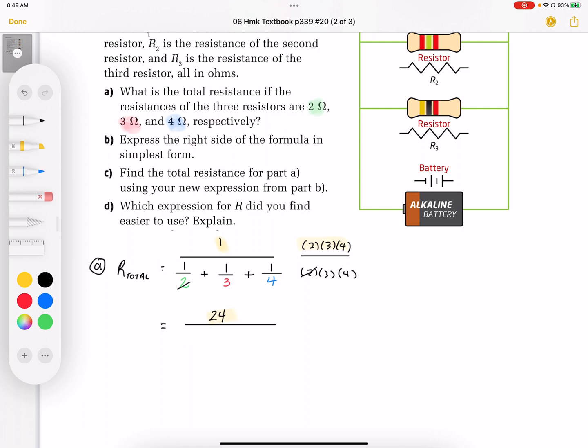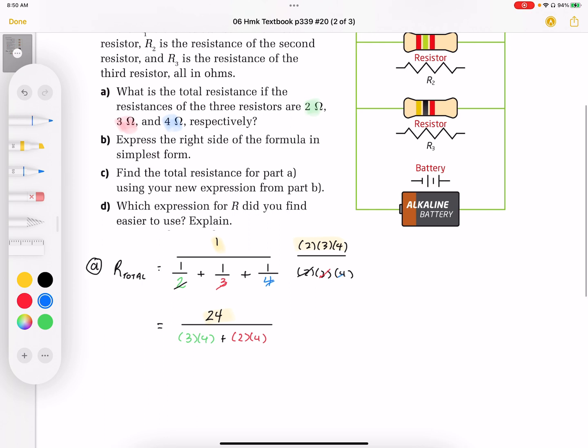So when the 2's cancel, I'm left with 3 times 4 plus, when the 3's cancel, I'm left with 2 times 4. And when the 4's cancel, okay, so that was what's canceled here. And when the 4's cancel, I'm left with plus 2 times 3.